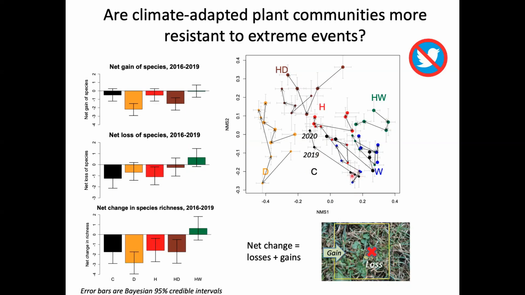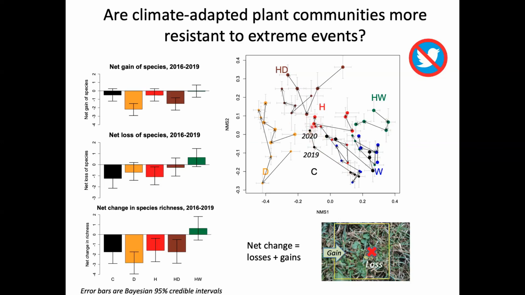Let's look at the control plots. 2008 to 2012 are those points down here. The plant community by 2019 had taken this large excursion and shift. And in 2020, one year later, showed no signs of coming back in the opposite direction. The next major survey is in 2024, so we'll have to wait until next year to find out what is happening there.